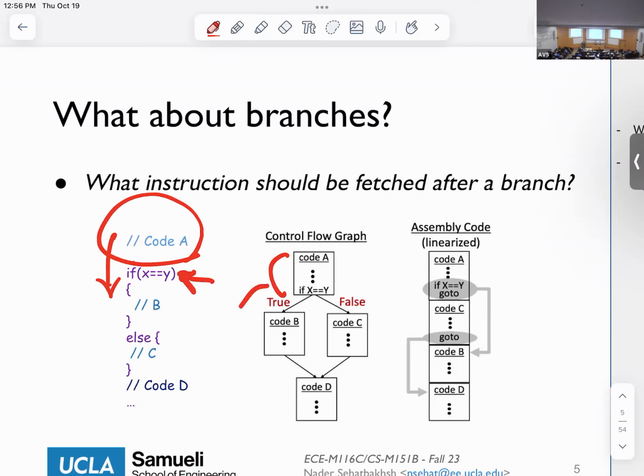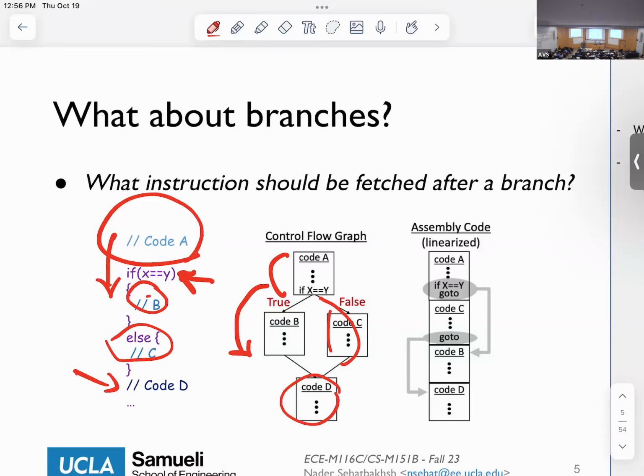If it's true, you execute one code block, for example the condition inside the if is true, or you just run the false block. And then after a while, they both converge into some code block D, okay? So you go this way or this way, right?